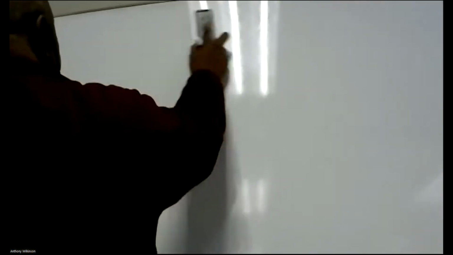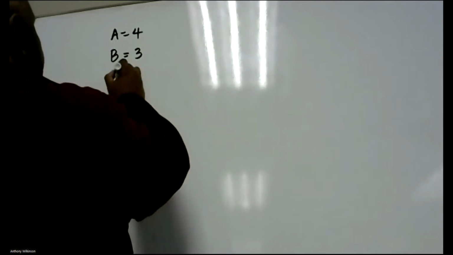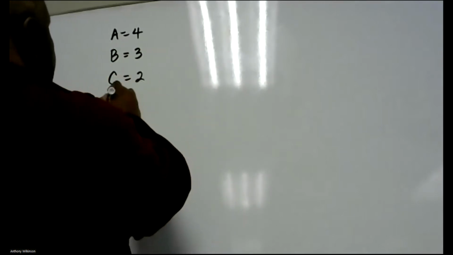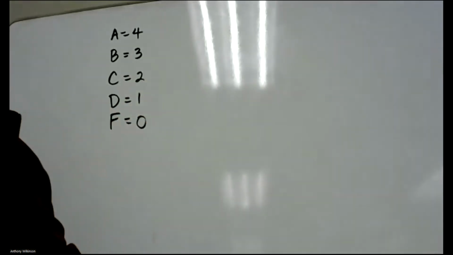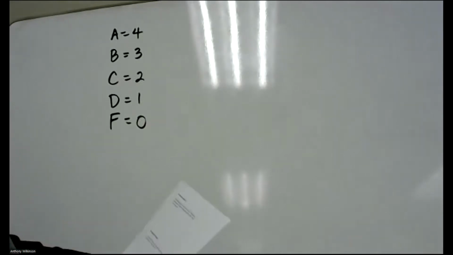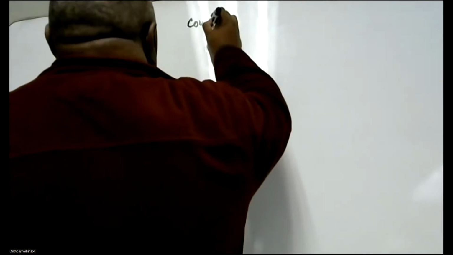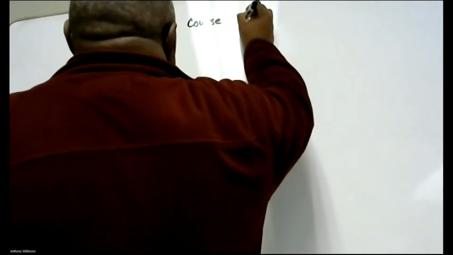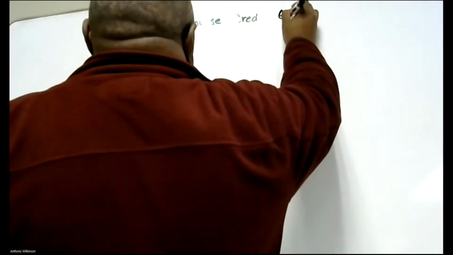I'm going to erase all of this. Okay. So A is 4 points, B is 3, C is 2, D is 1, and F, of course, is 0. Okay. Now here you have the course, and then the credits for each course, and the grade.